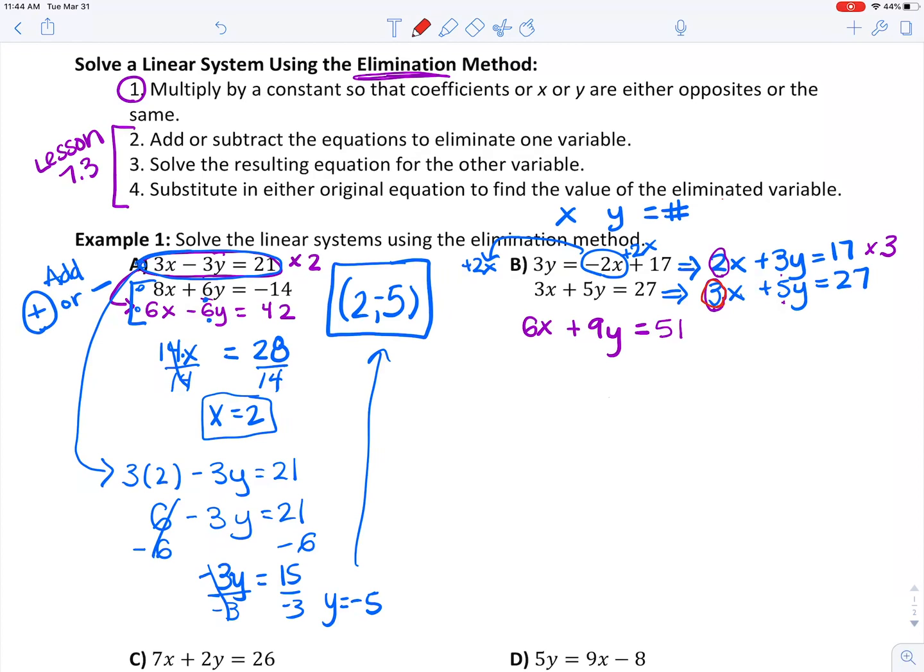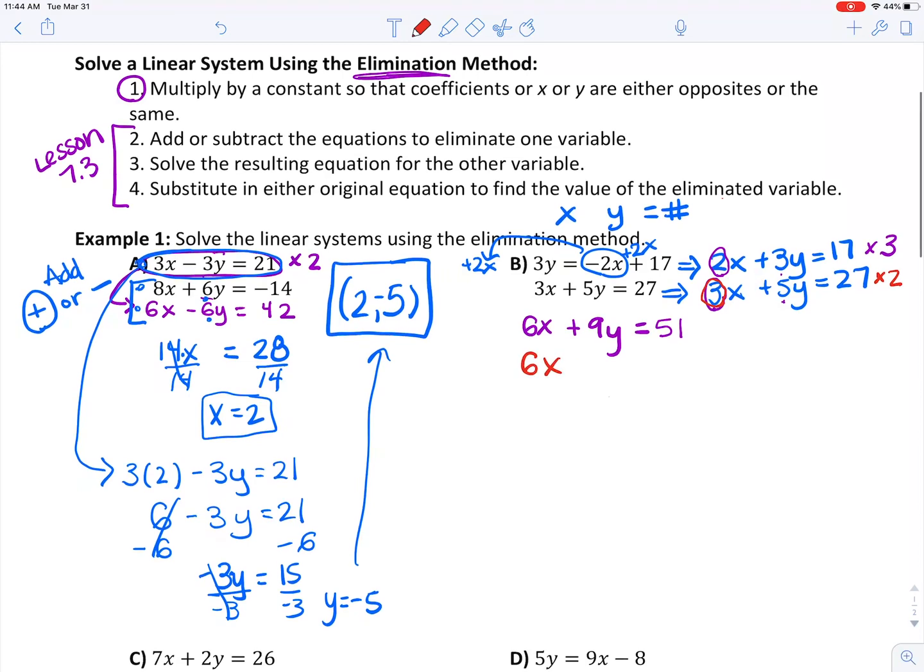Now, how could I get this 3x into a 6x? If I multiply by 2. So if I do that, 5y times 2 is 10y, and 27 times 2 is 54. Now I'm taking a look, do I add or subtract?